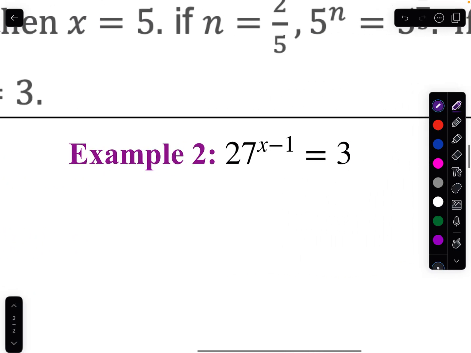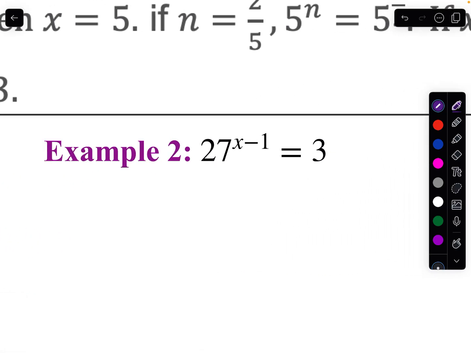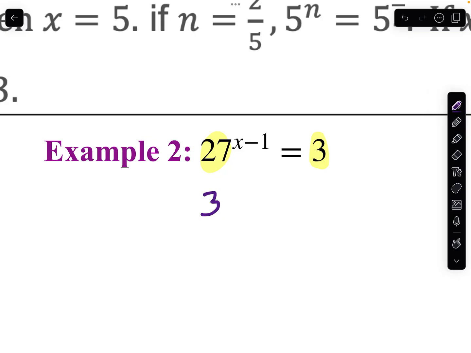Now, on example 2, you might have to use your power of a power and your other rules. Notice, my bases are not the same. I need to make them the same. I'm going to make the bigger one smaller. So I'm going to say 3 to the what power gives me 27? Well, that's 3 to the 3rd. That's a cube, because the cube root of 27 is 3.